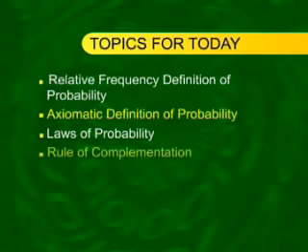As indicated in the last lecture, the relative frequency definition pertains to those situations where we can say that a particular experiment has been repeated a large number of times.